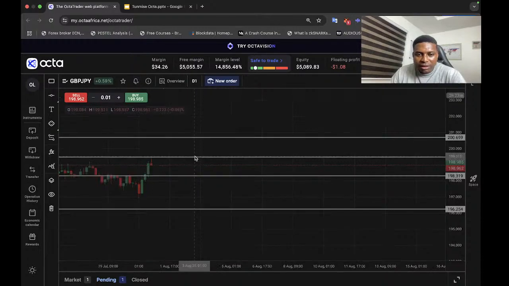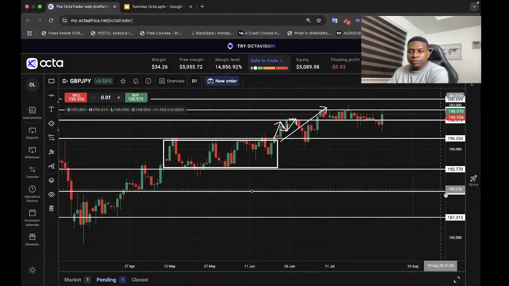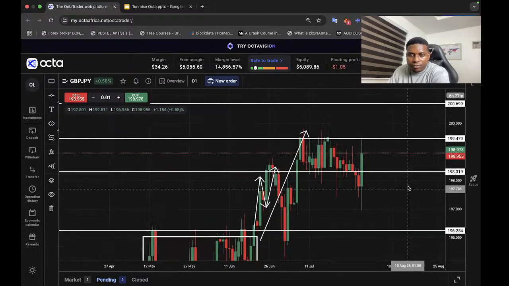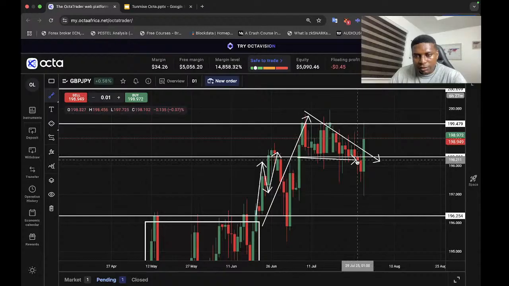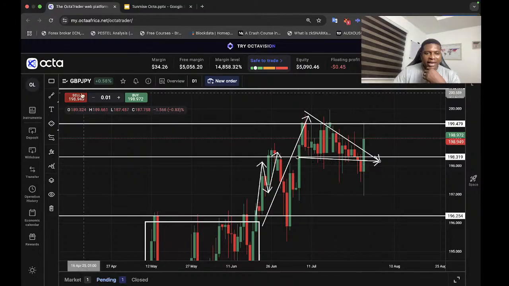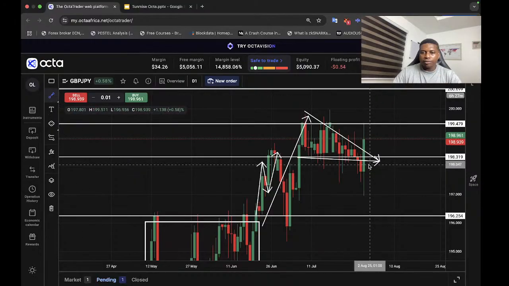So let's start from the daily time frame. It should be clear to us now that the price is supposed to drop from here.